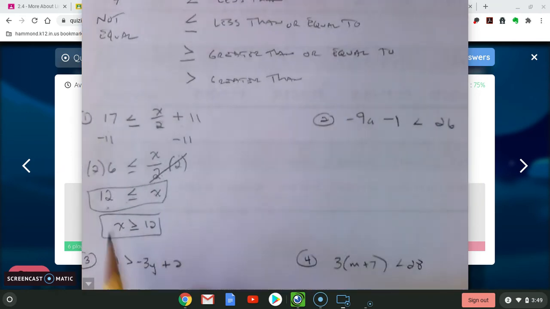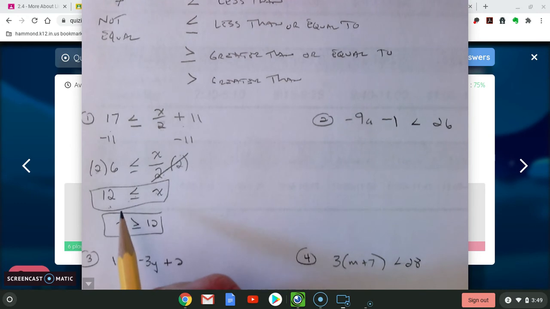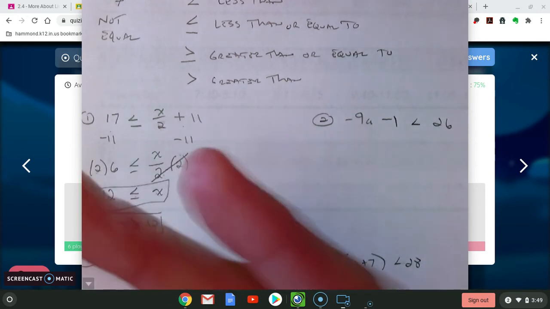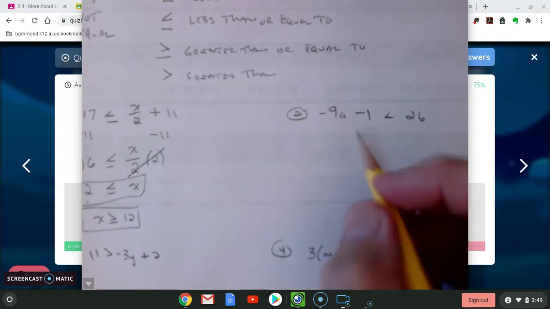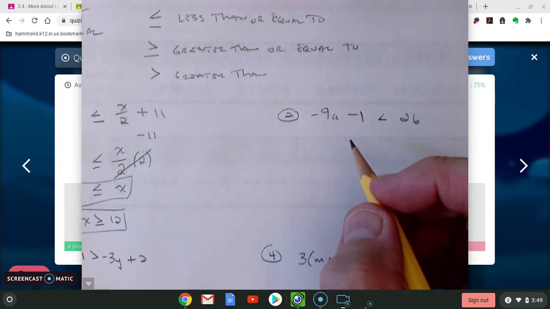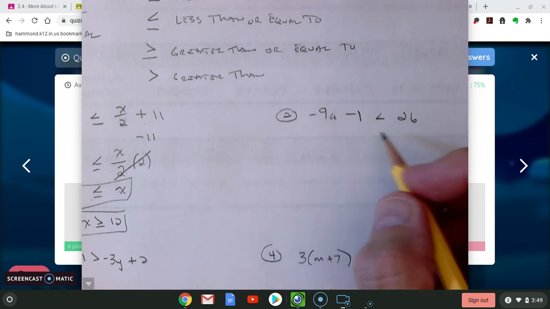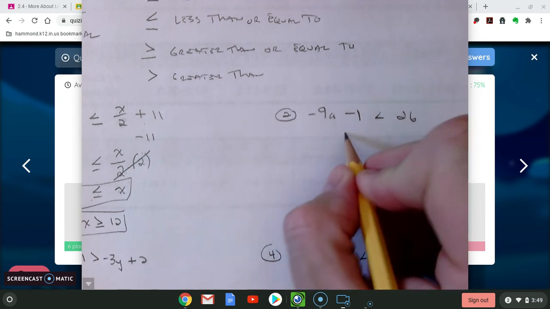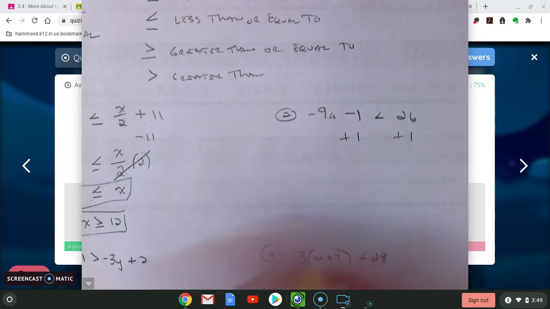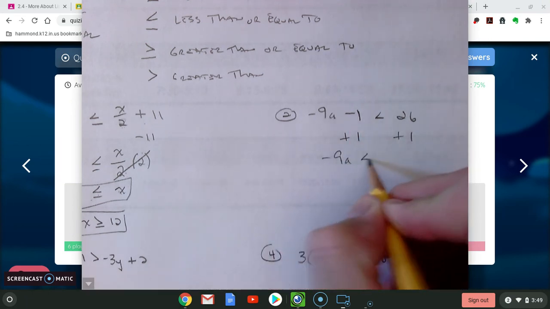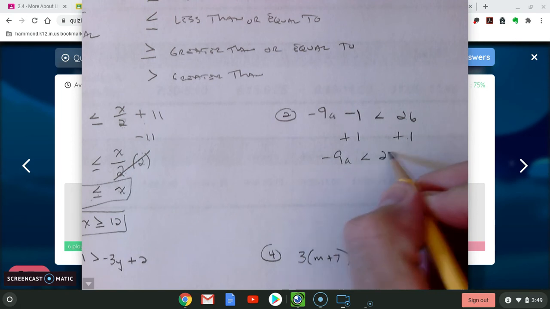All right. So that gave you a look at a two-step inequality, which has one little hook to it, right? That we ended up flip-flopping the x and the 12. Let's take a look at this guy here. This also was one of our quiz problems. So we recognize we're going to add 1 on both sides. Negative 9a is less than 26 plus 1, which is 27.